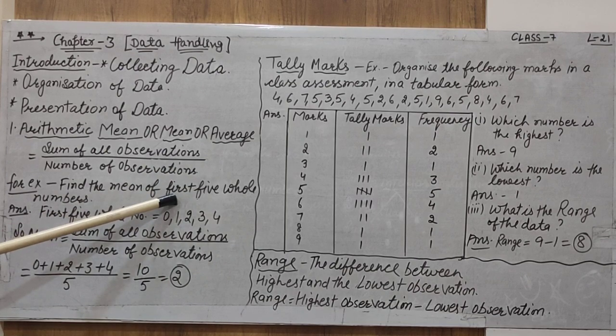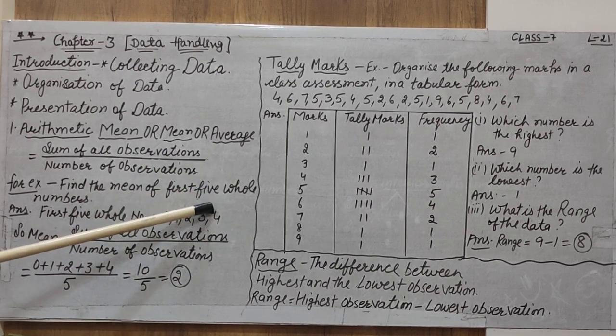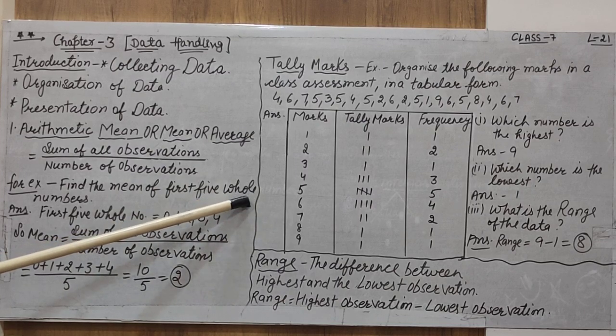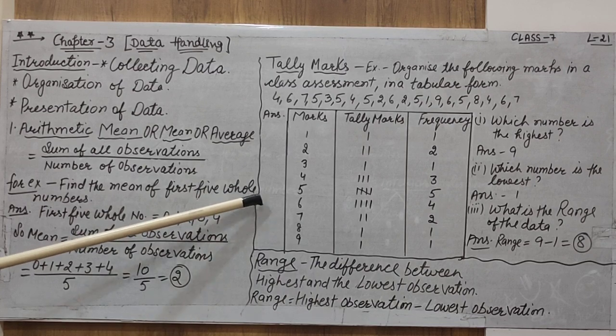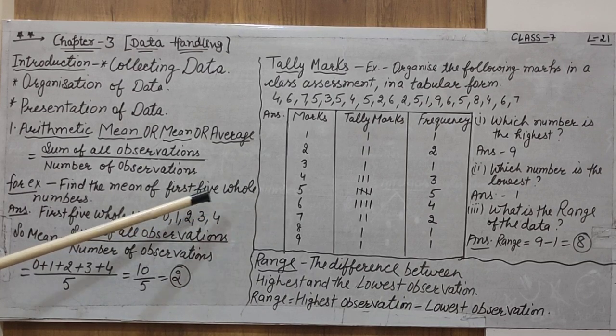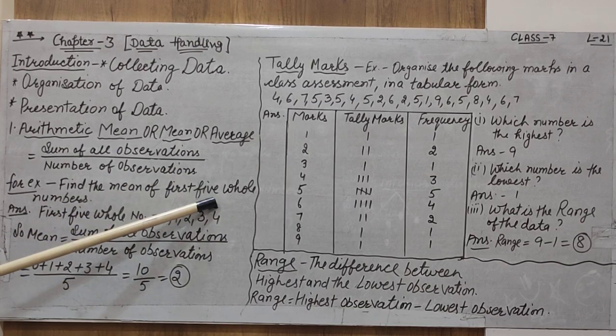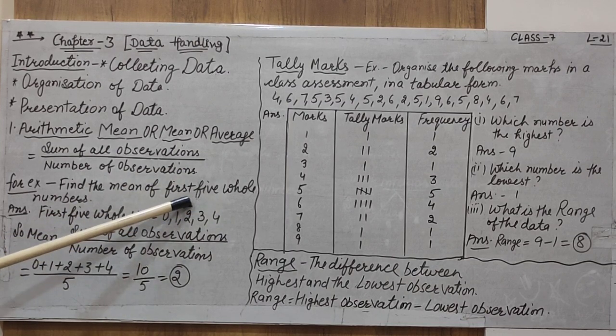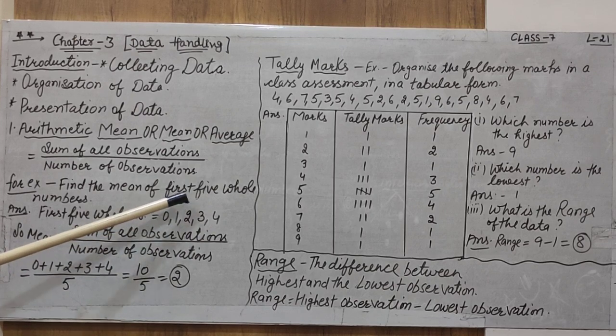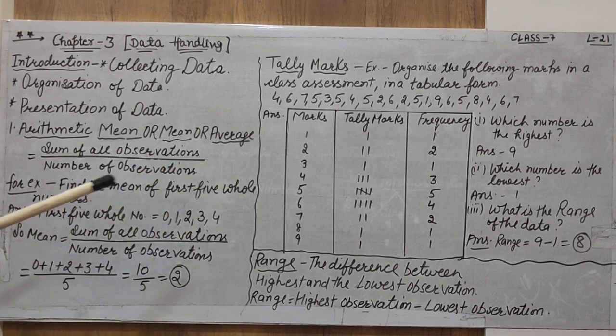So all the 5 numbers which we use here are whole numbers. Now you must understand what whole numbers are and where they start, because it is written the first 5 whole numbers, not any 5 whole numbers. First 5 means you have to start from the first whole number.